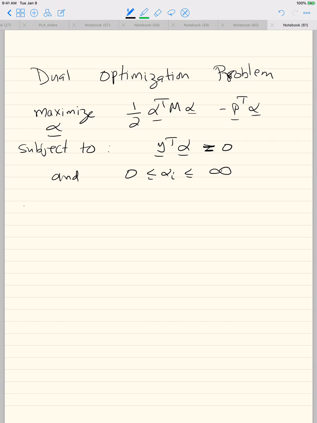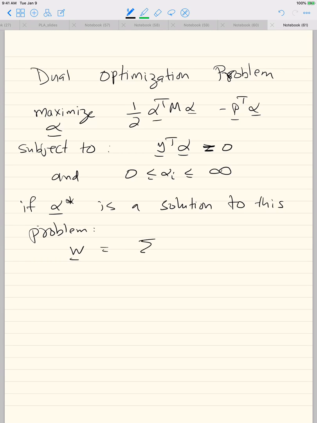So if alpha star is a solution to this problem, then we can find the weight vector w, which is the sum over n equals 1 to N of alpha n star yn xn.